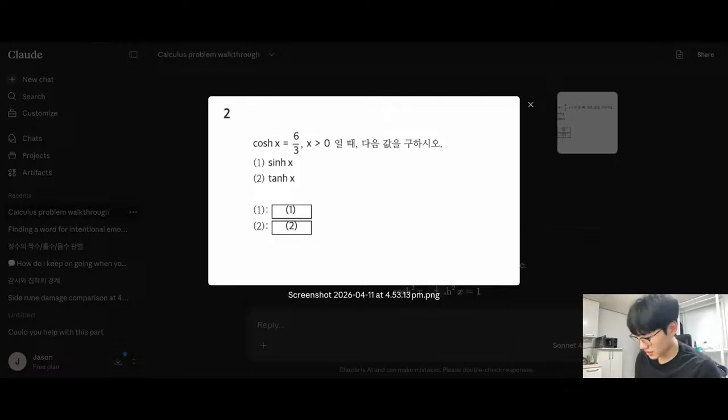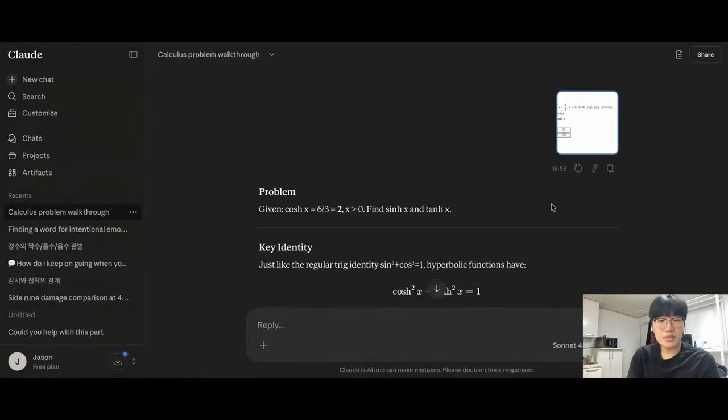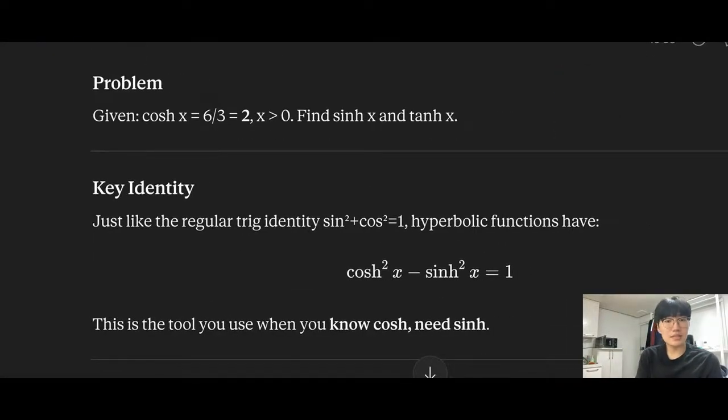How do we convert negative? 6 over 3, which means I don't understand it. Okay, so the key identity given: cosine hyperbola x equals 6 over 3.